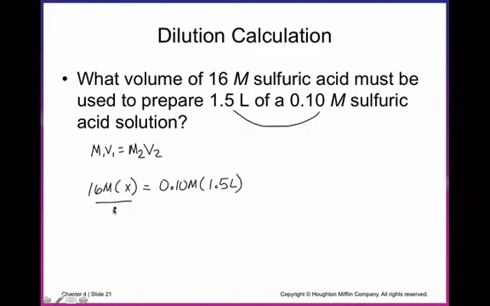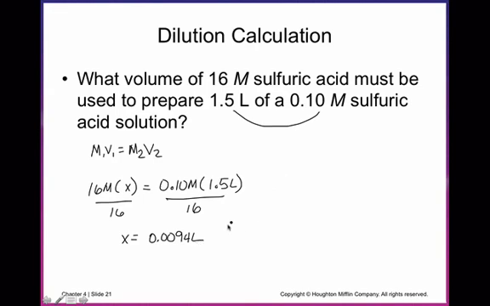All right, all I do is solve for x through really simple math. And if we do all that, we end up with a really tiny number, 9.4 liters. Okay, and I cannot measure that in a graduated cylinder. That would be really hard.